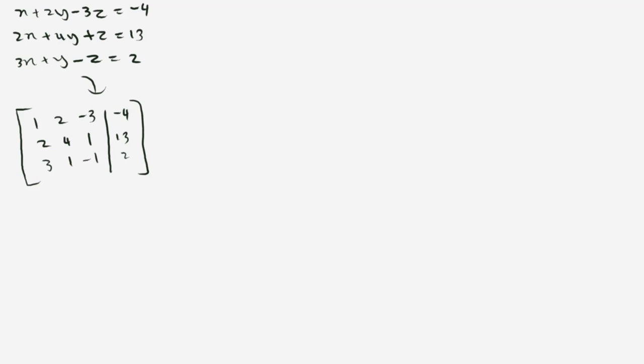This special procedure is also known as row reduced echelon form, but it will come later. In this case, we can simply solve this by using our three rules.